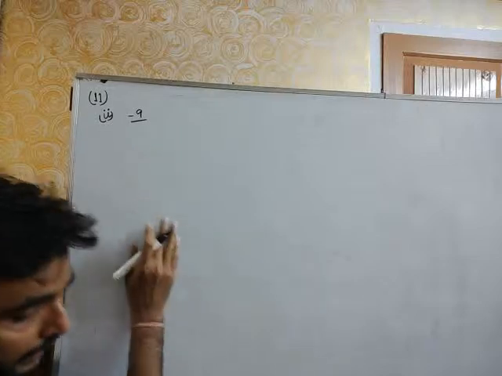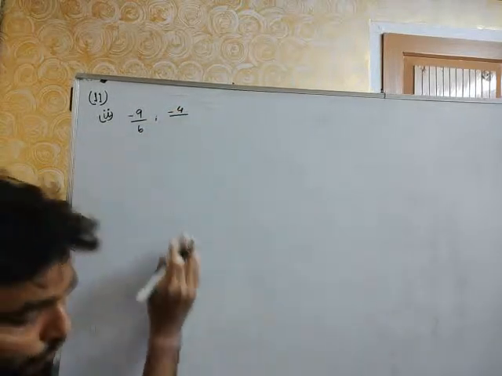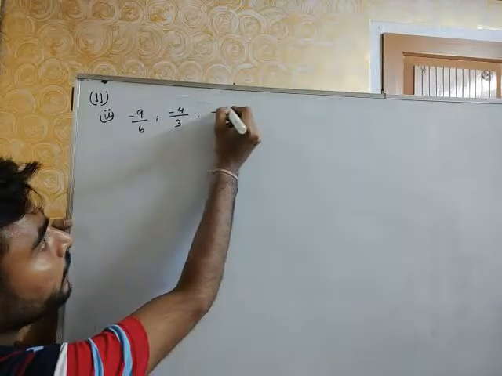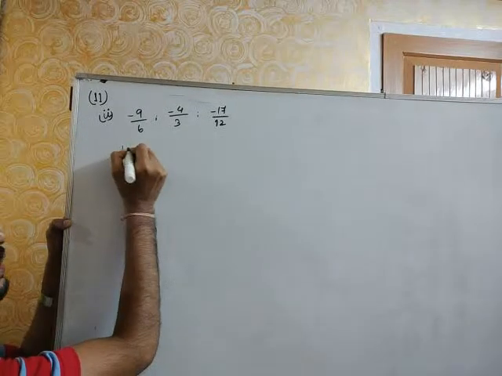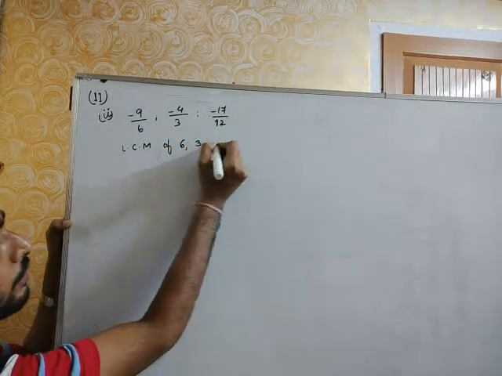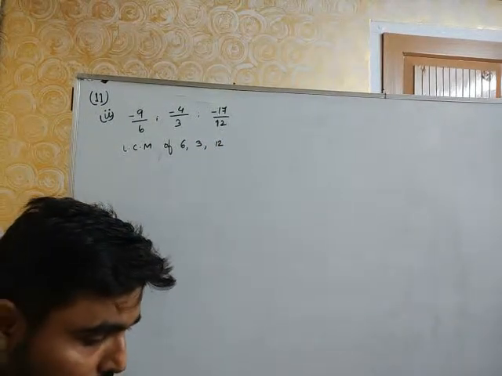Question number 2 is minus 9 by 6, minus 4 by 3, minus 17 by 12. So the denominators are 6, 3 and 12. The LCM will be found for 6, 3 and 12.